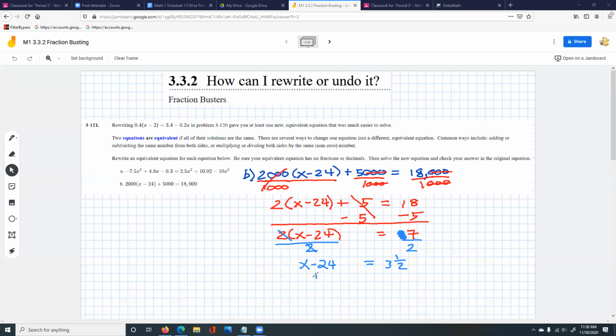And then I'm going to add 24 to both sides to solve for x here. So x is going to equal 24 plus 3.5, which is 27.5. I'll put a box around our answer here.